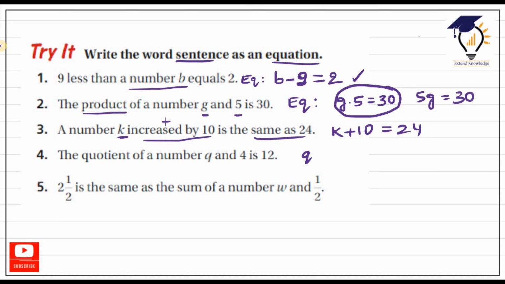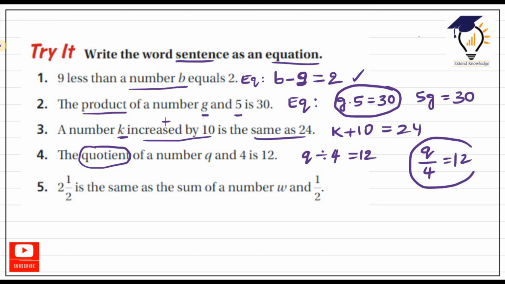The quotient is nothing but division, so q divided by 4 is equal to 12, and I can write it as q over 4 is equal to 12. Both are the same. The next one: 2 1/2 is the same as the sum of the number w and 1/2, so 2 1/2 is equal to w plus 1/2. This is also an equation.